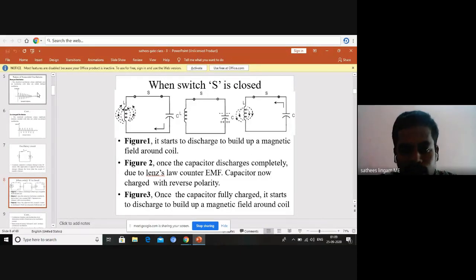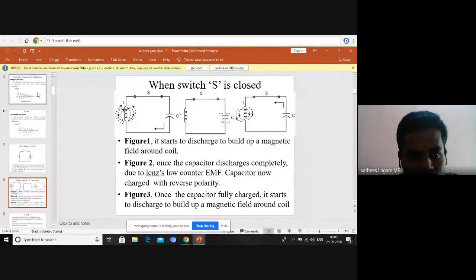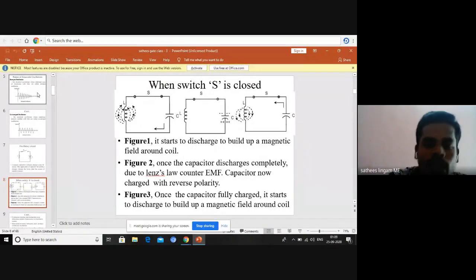Likewise, after the capacitor is fully charged, the process is repeated, now in reverse. Imagine that when current moves from positive to negative, meaning capacitor to inductor, that is the positive cycle.